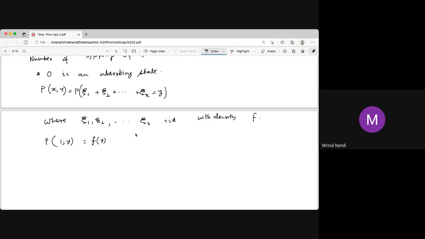So this is the overall structure of this branching chain. And the next one is a very important chain, which is called the birth and death chain. We stop with this birth and death chain, and in the next class we find the stationary distribution of all these chains, and the modified chain, and which states are recurrent and which are transient.